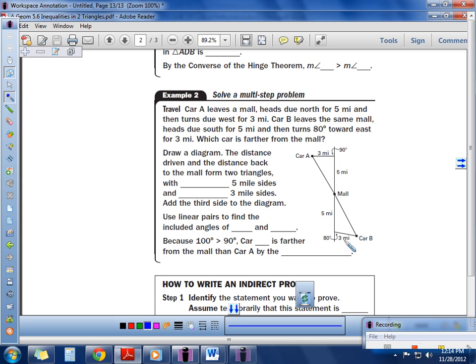What we need to figure out, though, is this distance compared to this distance. So we'll call it MA compared to MB. We're trying to figure out which one is further from the mall. Is B further from the mall or is A further from the mall? That's what we're trying to figure out.